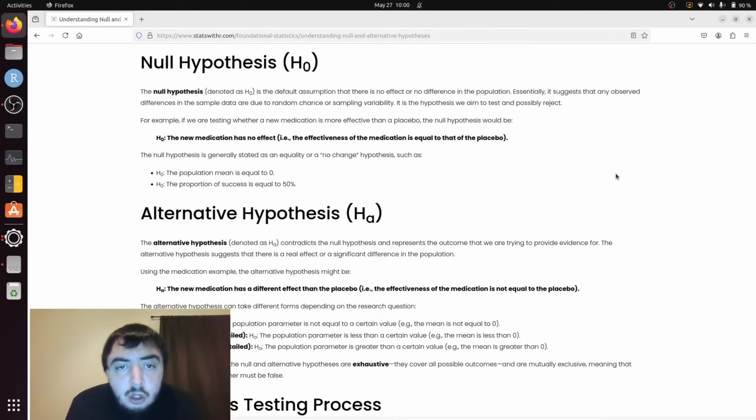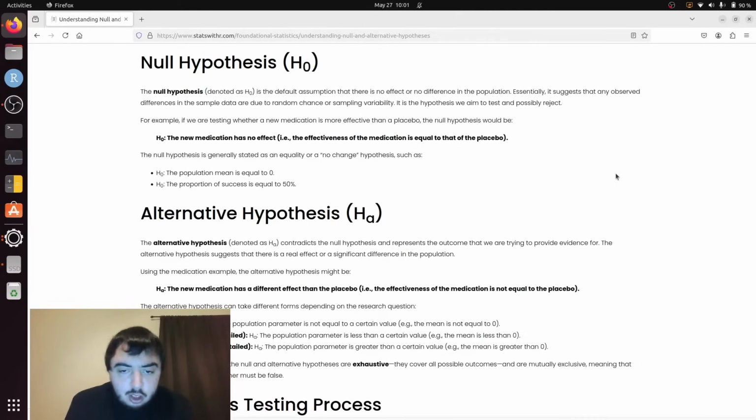So for example, 0 cannot be a possibility in both hypotheses. So that's why I said less than or equal to in each cell, and I did not say equal to in the alternative. Because if we had a value of 0, we did not want that possibility to be in both.